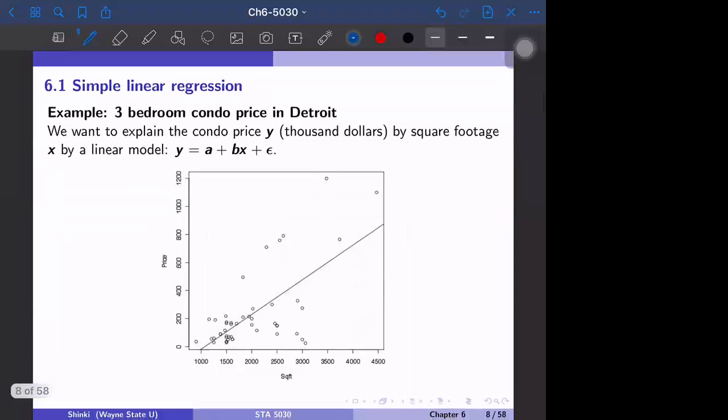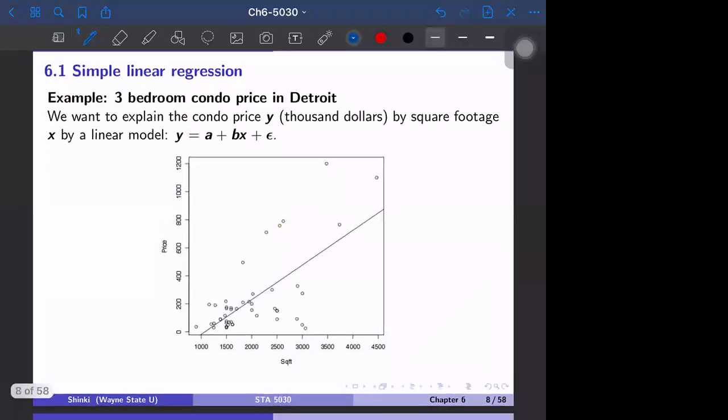Yeah, so here is an example. This is the data for 3-bedroom condo prices in Detroit. This is from 2009, or maybe 2010. When I taught this class for the first time, I collected the real data.